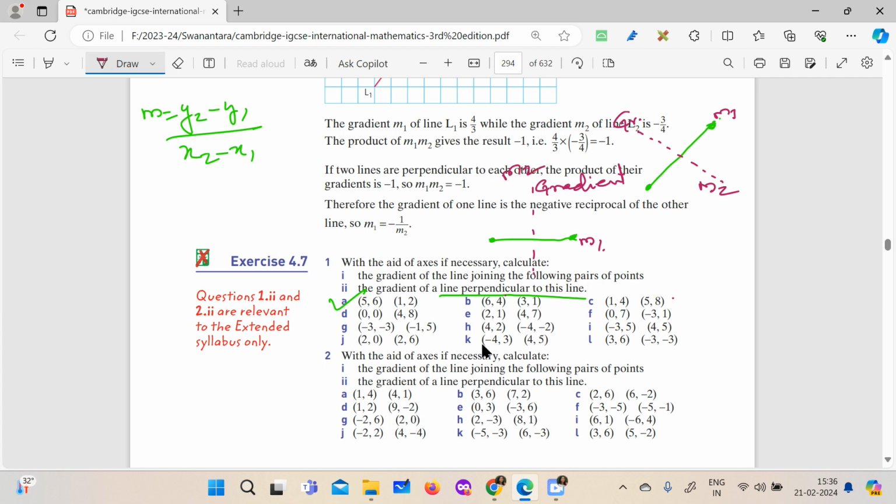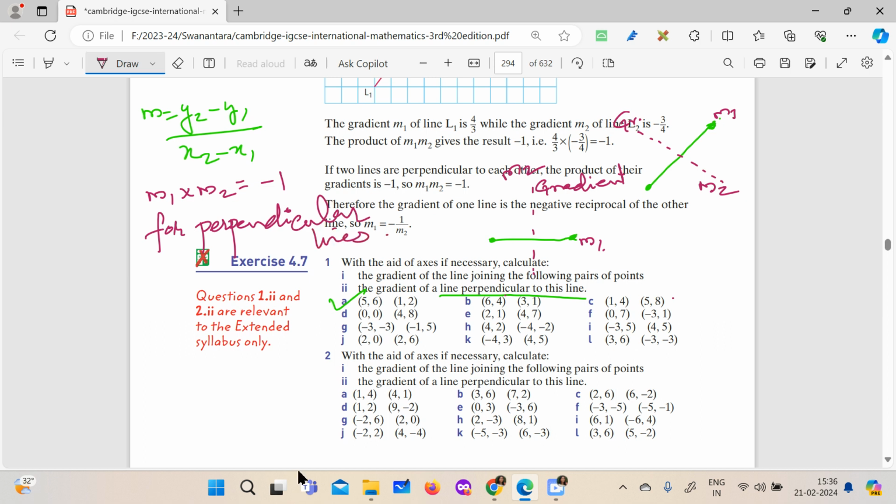If you know the slope of one line, then it is easy to find the slope of the line perpendicular to it. The product of the gradients of two lines will be minus 1 when the lines are perpendicular. m1 into m2 is equal to minus 1 for perpendicular lines. Is this clear to you?